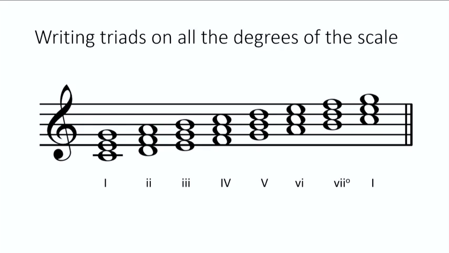What you may note is that the tonic chord, the first chord, is exactly the same as the last chord, also the tonic chord. You'll see that the first one is C, E, G. The last one is also C, E, G. It's exactly the same as in a scale. The first note and the last note are both tonic, so it stands to reason that their triads are also exactly the same.